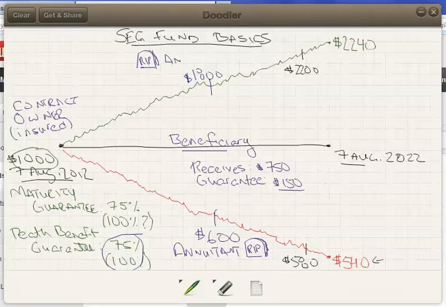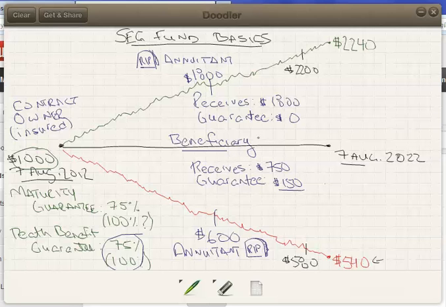Our annuitant dies with this contract value up at $1,800. Well, once again, the beneficiary is going to receive $1,800. In this case, the guarantee is really not all that useful. The guarantee doesn't provide anything extra.